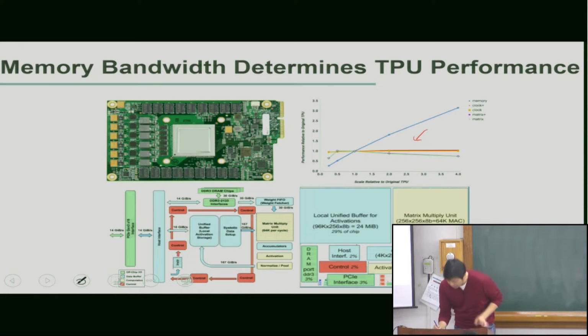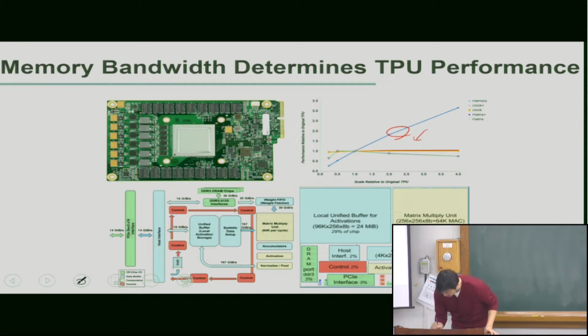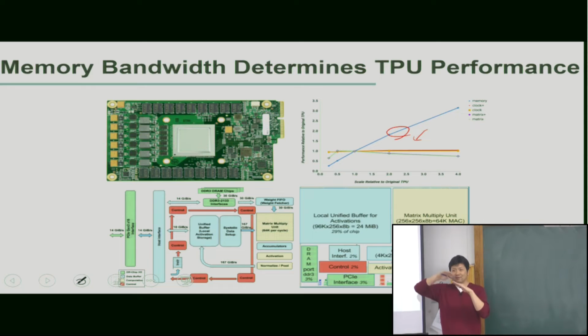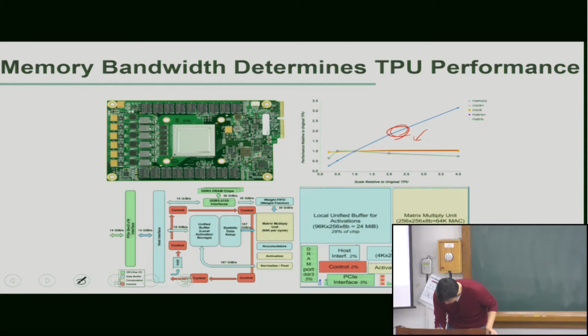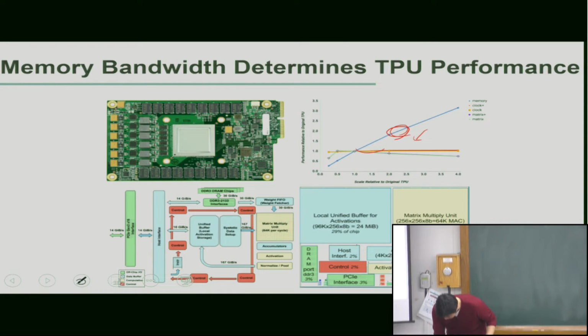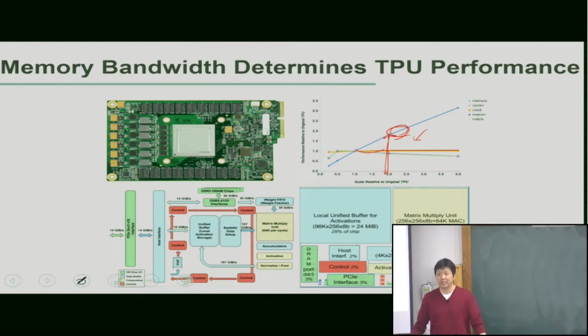Here, this blue line shows the most benefit over the first generation TPU. This one shows that if we scale the memory bandwidth, the DRAM bandwidth, by 2x, at this point, then the performance will grow by almost 80%.